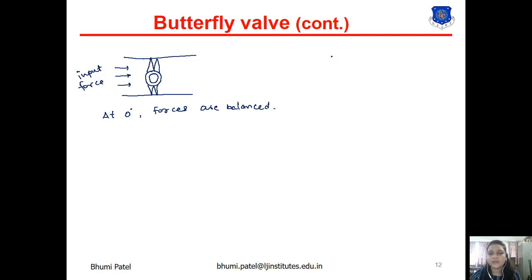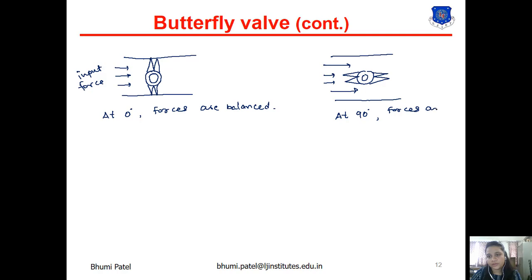The second position is when the butterfly valve is at 90-degree. Again forces are balanced.